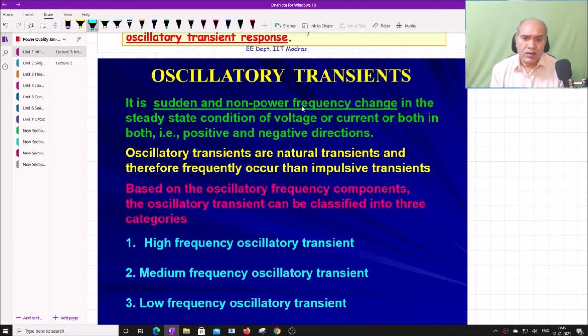These transients are natural transients and therefore occur more frequently than the impulsive transients.